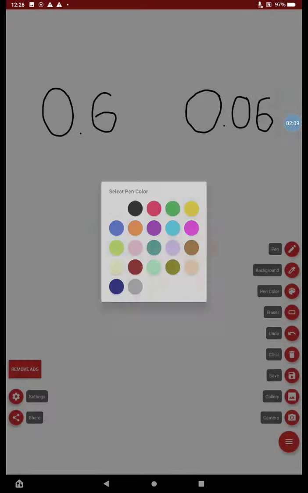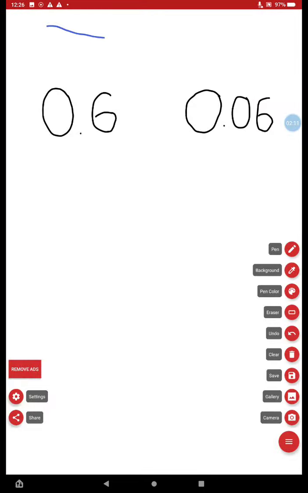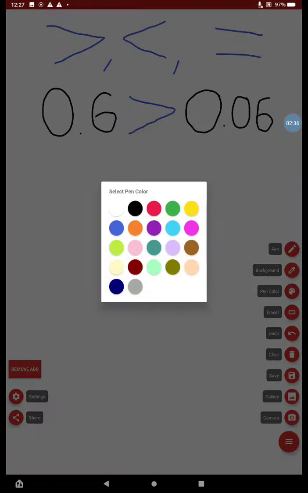Whenever I compare, I'm going to be using these symbols: greater than, less than, or equal to. Which one's bigger? 6 dimes are bigger, so I'd say 6/10 is bigger than or greater than 6/100. Remember, it's kind of like an alligator opening up to eat the bigger number.